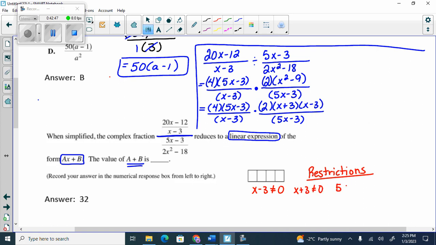And then 5x minus 3 can't equal 0. So I add 3: x can't equal 3. Subtract 3: x can't equal negative 3. Add 3: 5x can't equal 3. Divide by 5: x can't equal 3 fifths.